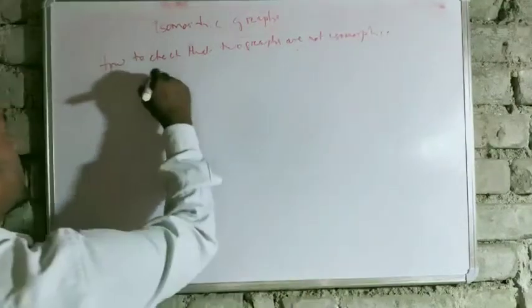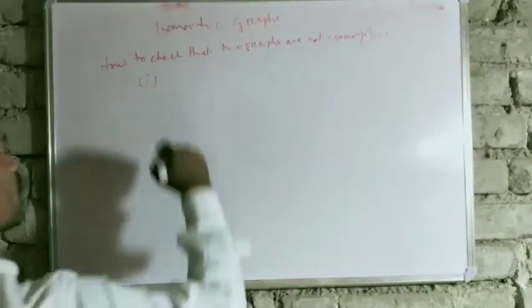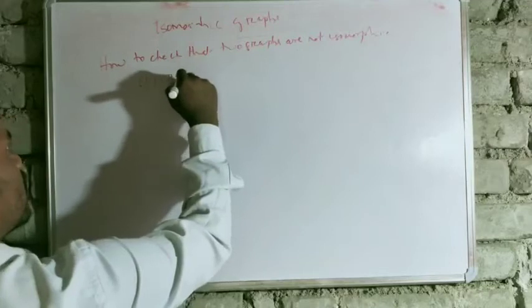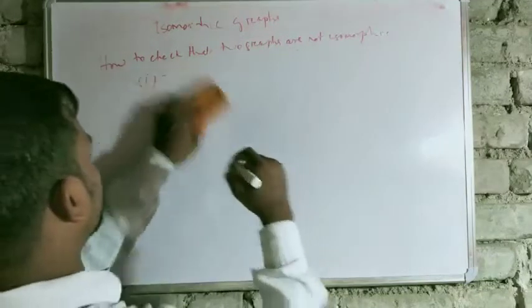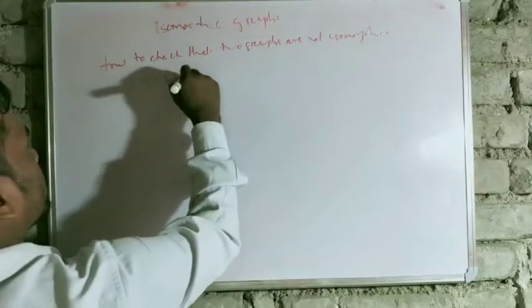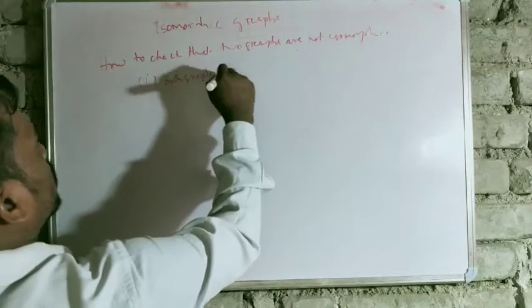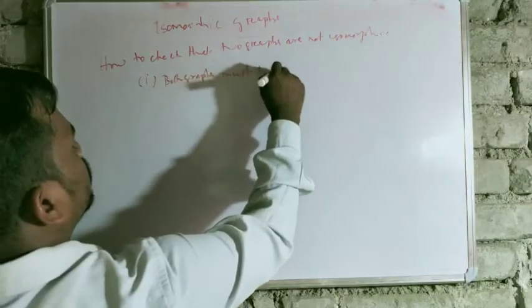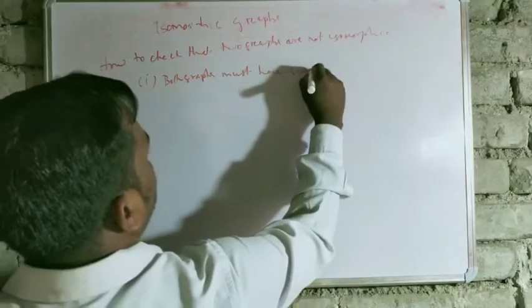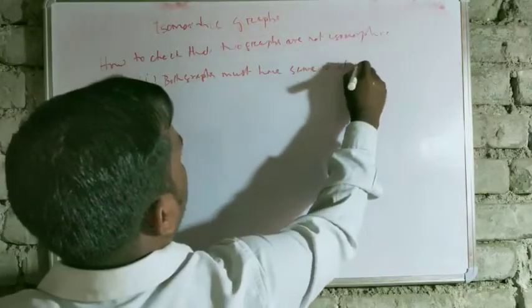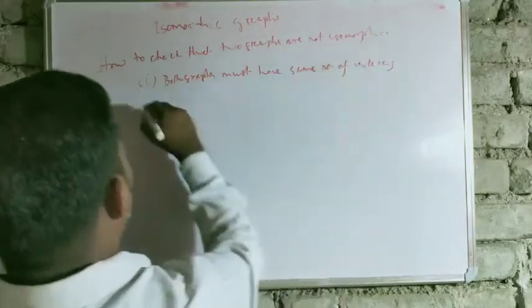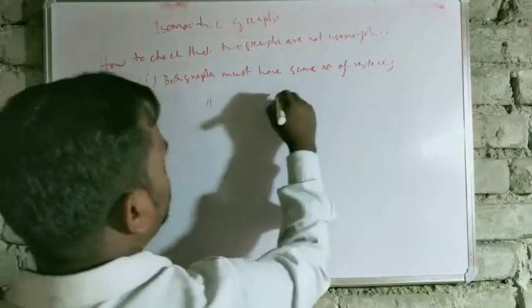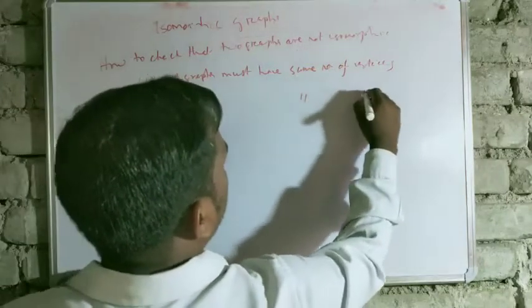So your first point is they, meaning both graphs, must have the same number of vertices. Second point, both graphs must have the same number of edges.